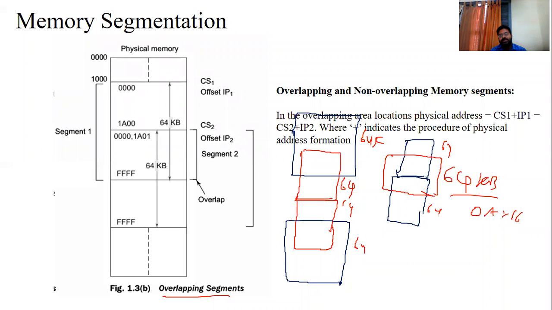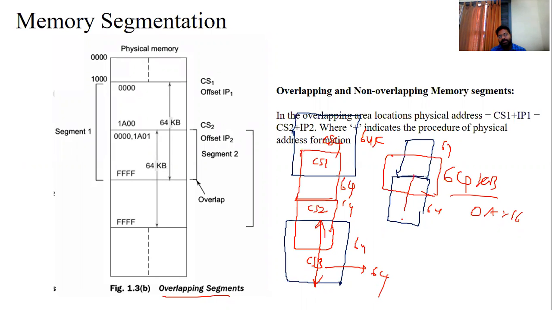Now see this example. This is code segment 1, this is code segment 2. Before closing that one, suppose code segment 3 is started, or code segment 4 is started. Now see this memory. This is the 64 KB memory. This entire memory is 64 KB.